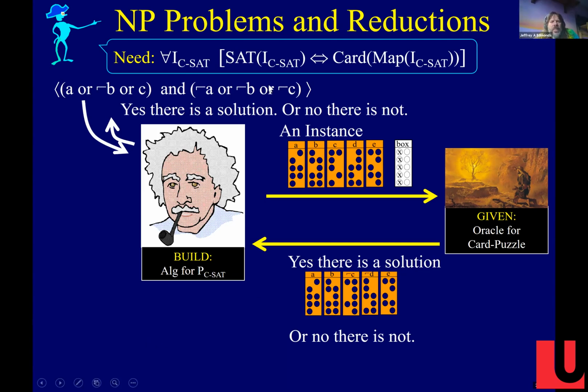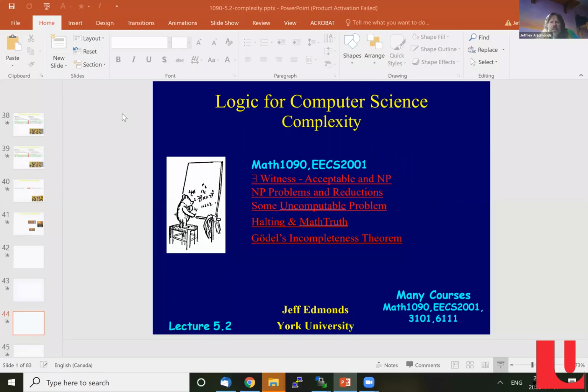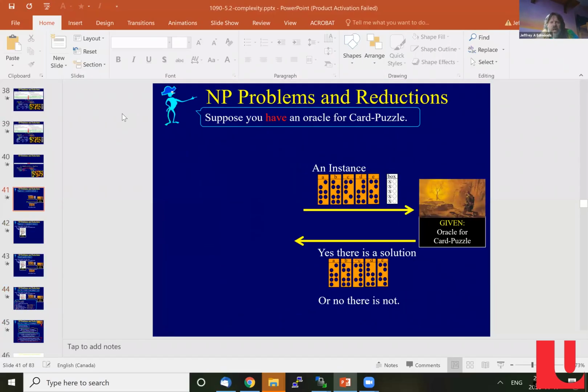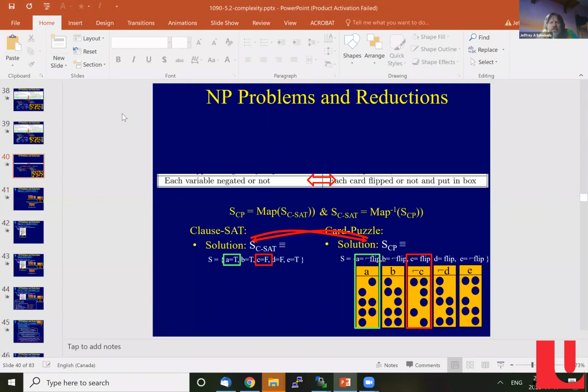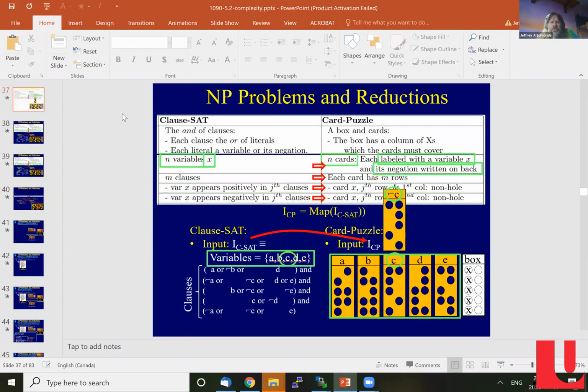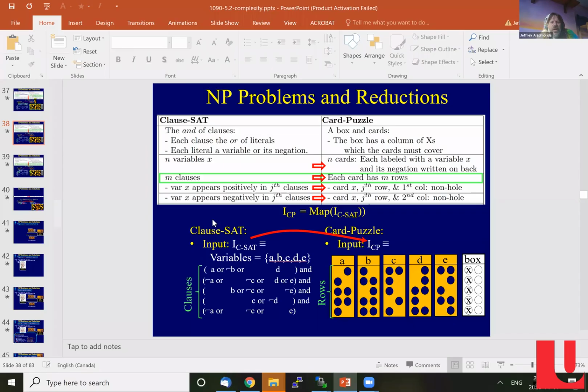This was our example. That's where the cards came from. Here, A, non-hole.